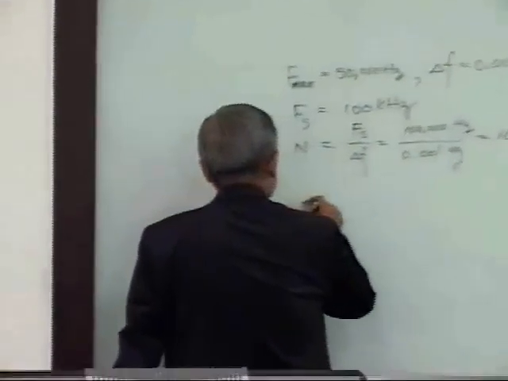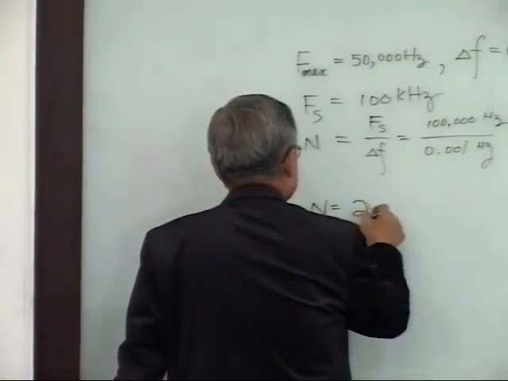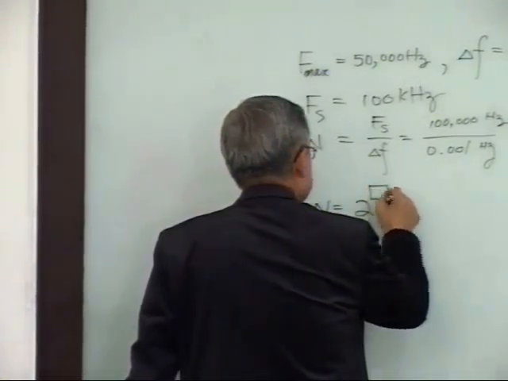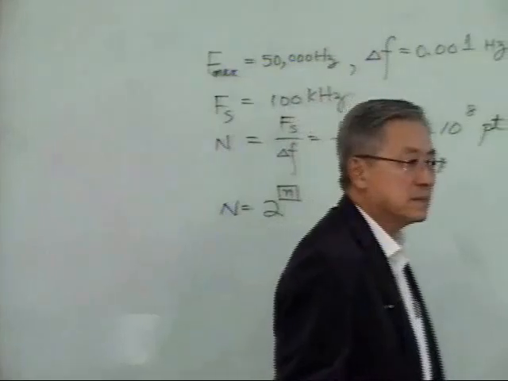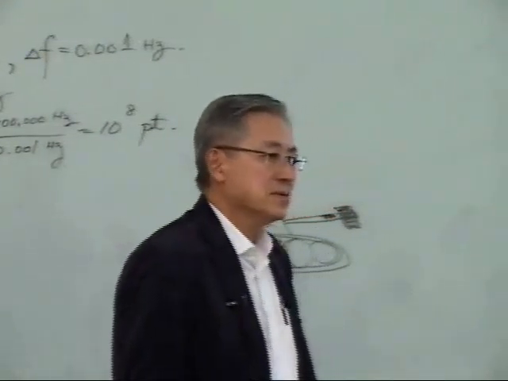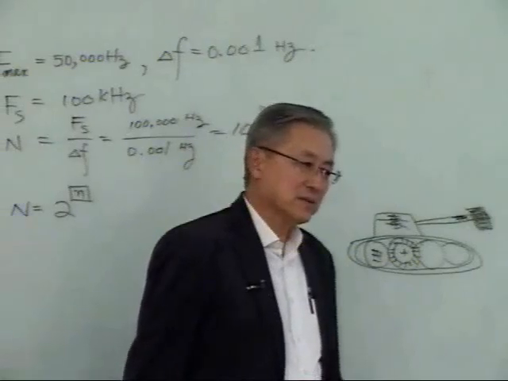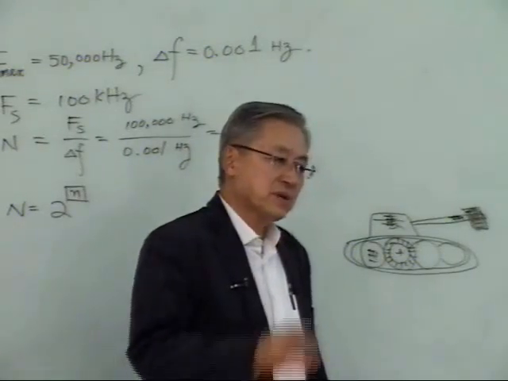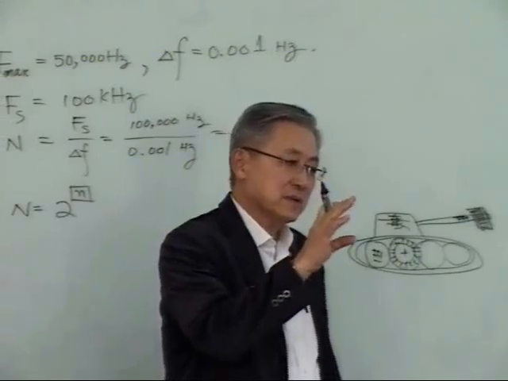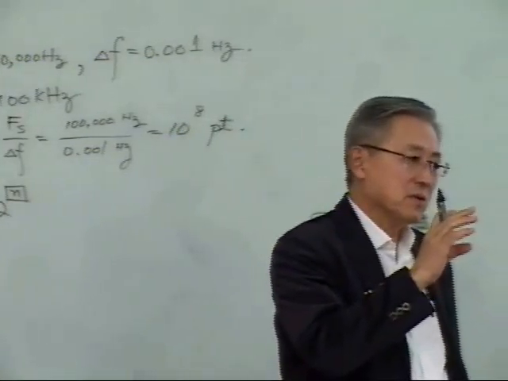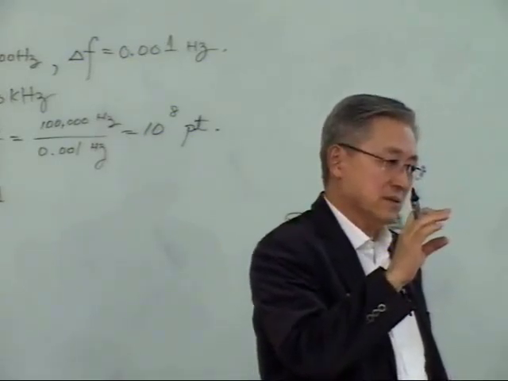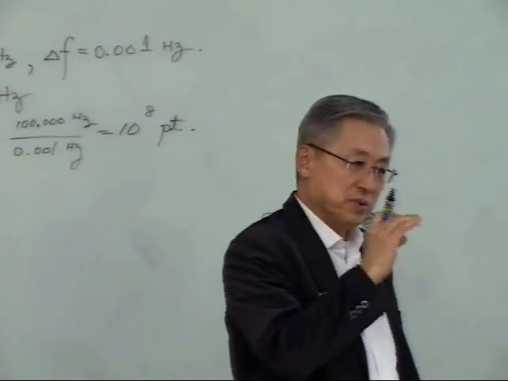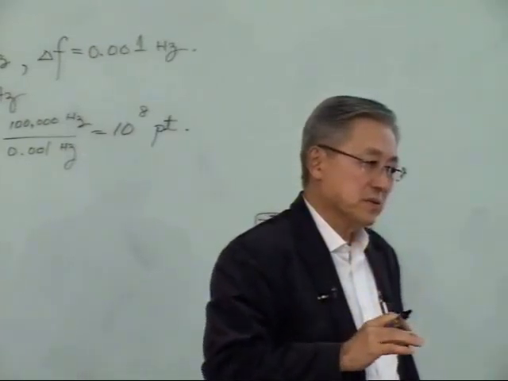The number of data points is 2 to the n power, to suit electronic gears, because it's on and off. Electronic gears only have light on or light off. So that's binary, the only way to recognize.